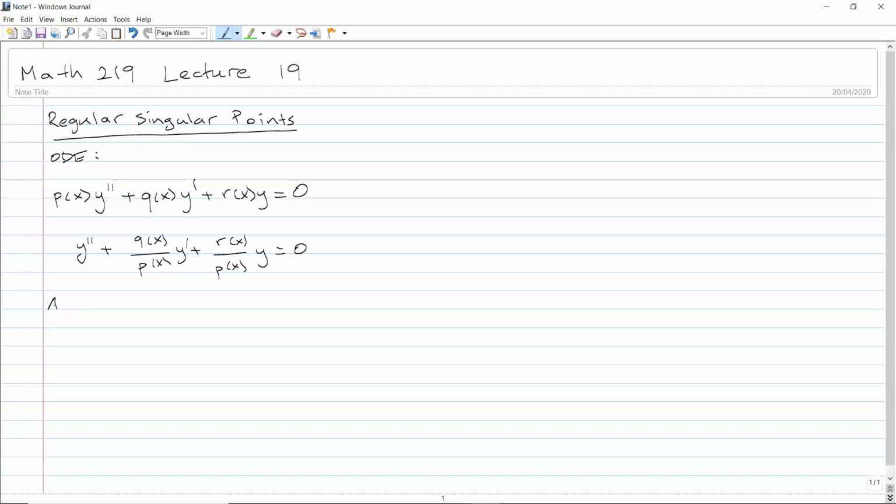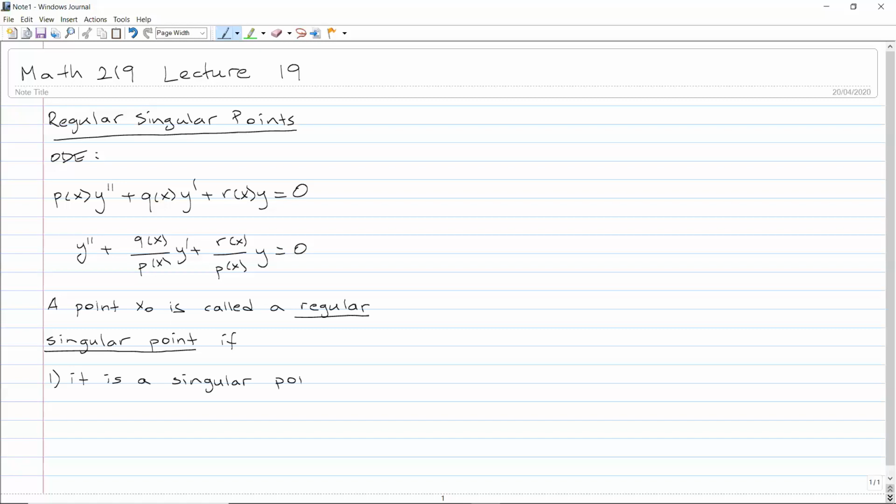So a point x0 is called a regular singular point if. So what are the conditions? We need two conditions. First of all, it should be singular. If it is a singular point, let's just remember what that means.